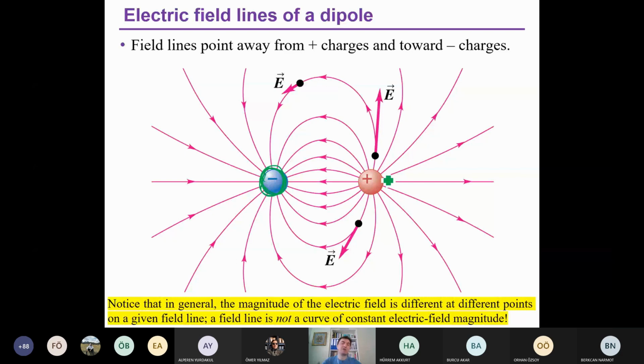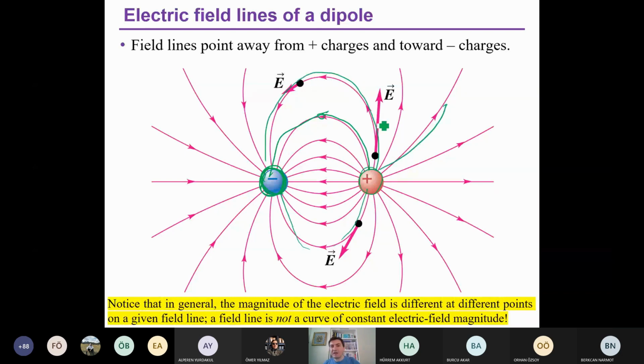You can consider molecules, atoms, ions. But in magnitude, they have the same charge. Okay, this is a dipole. And in electric dipoles, we have field lines from positive to the negative, from positive to the negative.